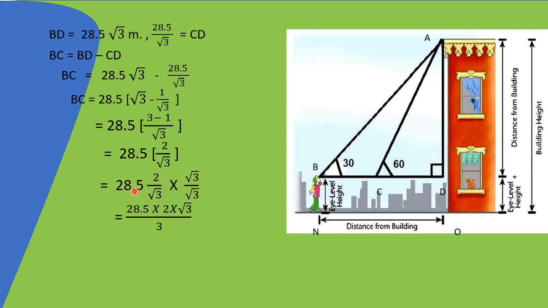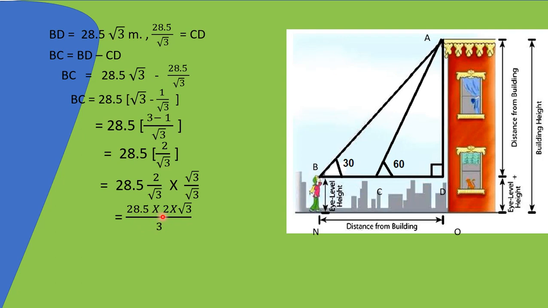So we have 28.5 into 2 upon root 3 multiplied by root 3 upon root 3, and in the denominator there are root 3 into root 3, and the product of these two root 3 becomes 3.